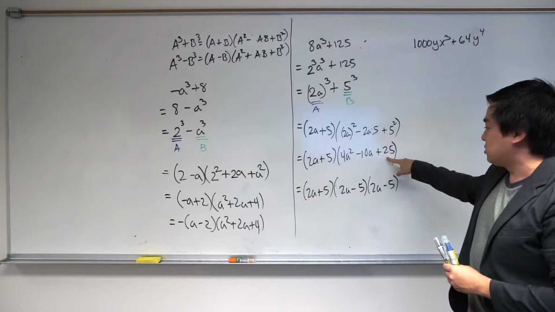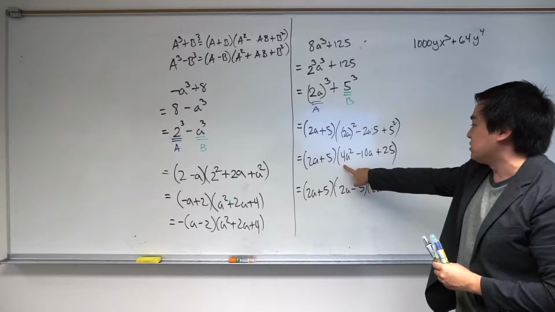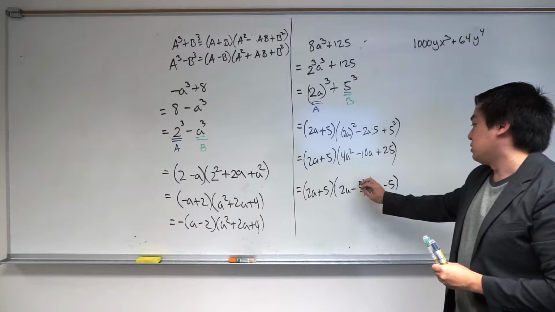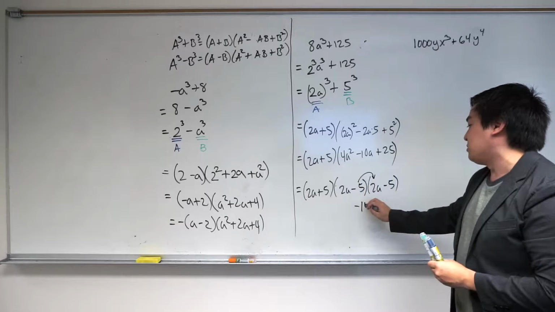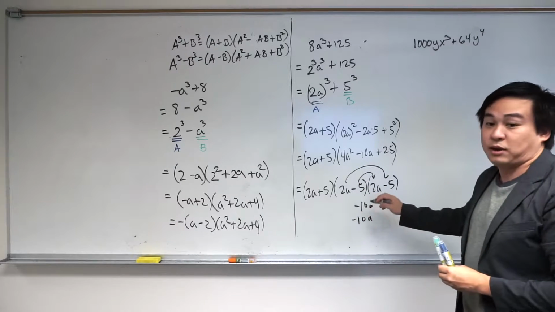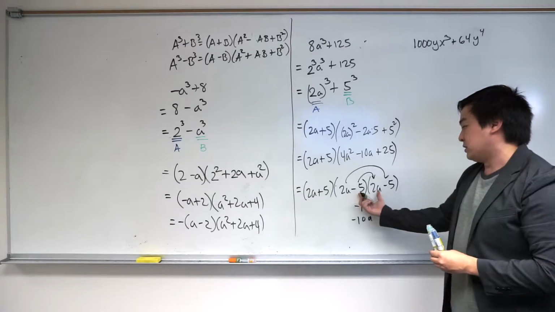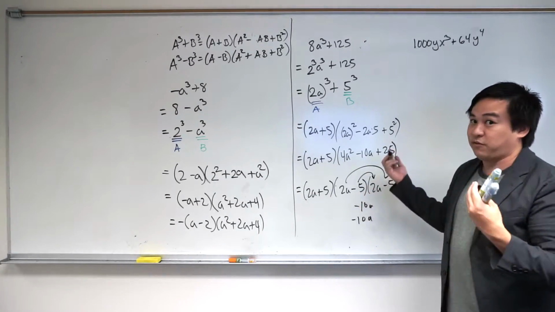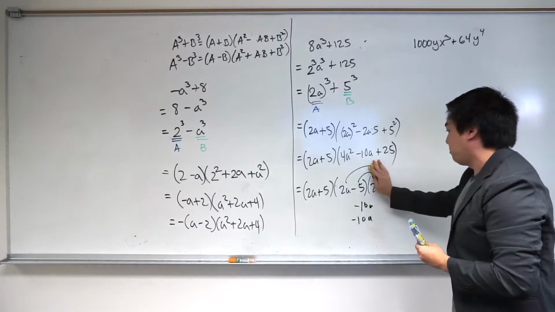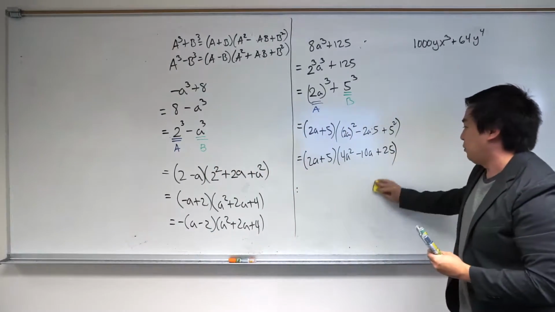And this one also has 25 and 1, which would give us numbers which are too large. So this one failed because that gives you negative 10a, and that one also gives you negative 10a, which gives you minus 20a in total. I just thought that it added up together because all I saw was 5 and 5 in my head. But this one doesn't factor anymore, and we're left with that.